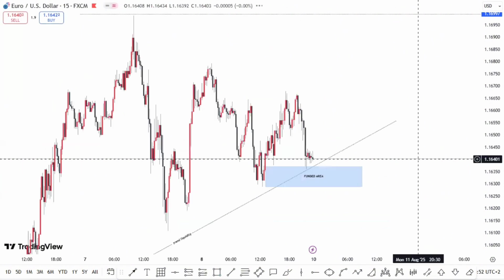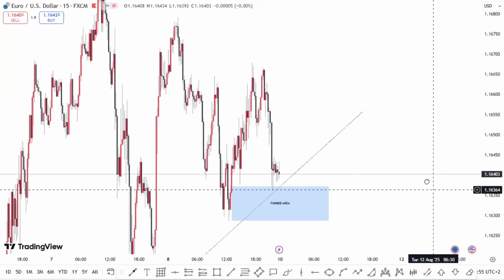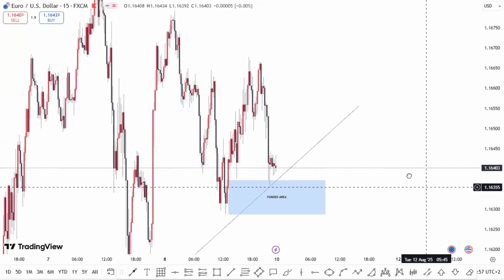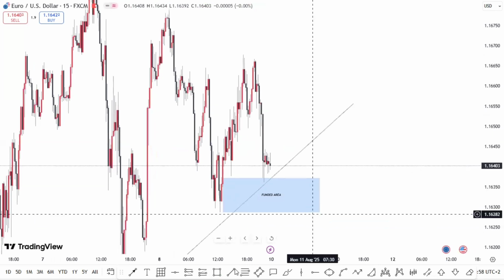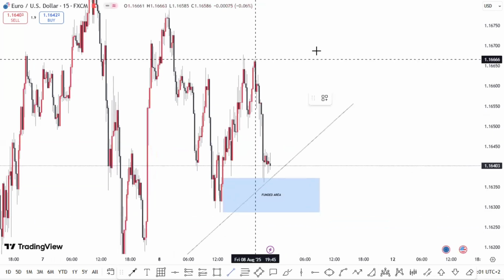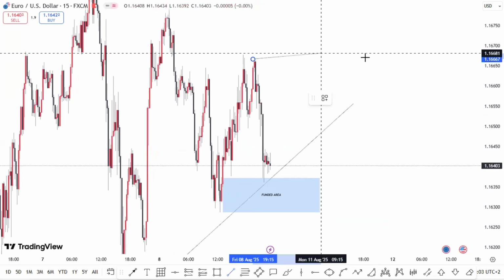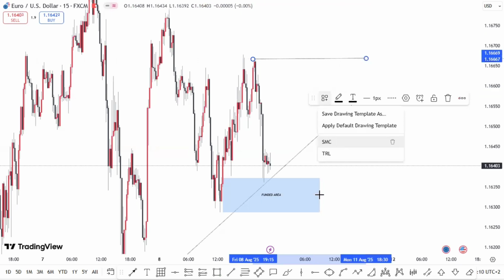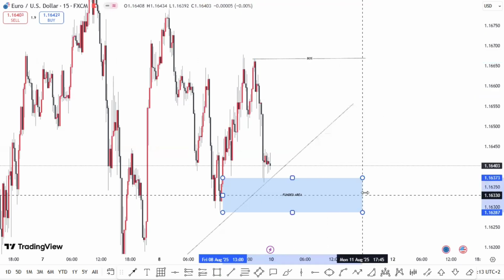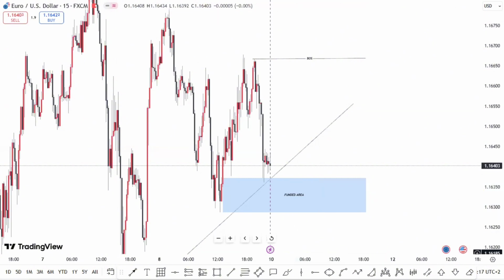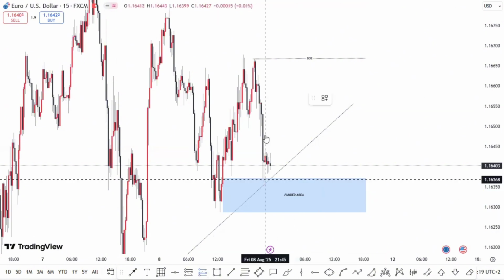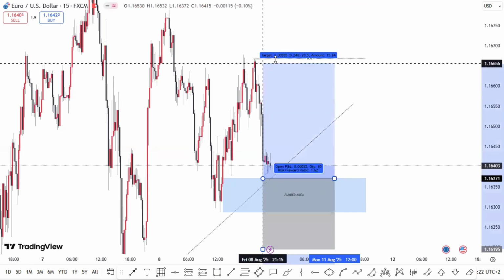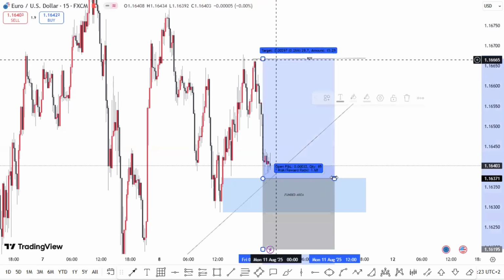Okay, so let me take my long position or short, I don't know, because they confuse me, both of them. Mark my break of structure there. So from here going there, that's what I'm seeing.